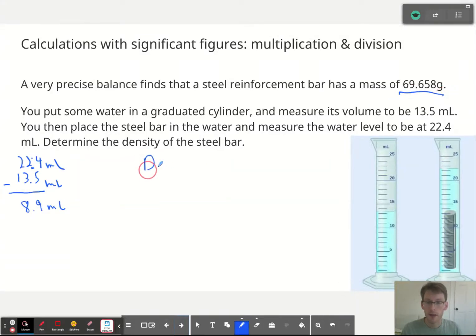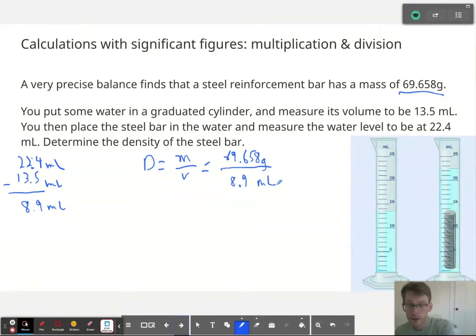So if I'm calculating the density, I know that density is equal to mass over volume, and that is equal to 69.658 grams divided by 8.9 milliliters.